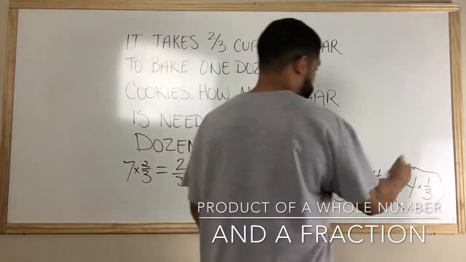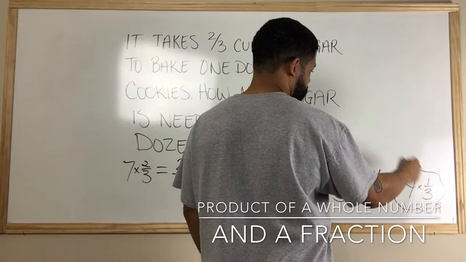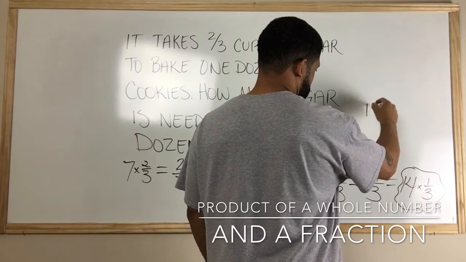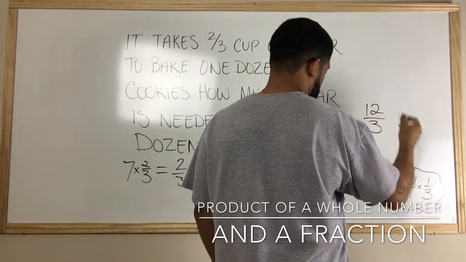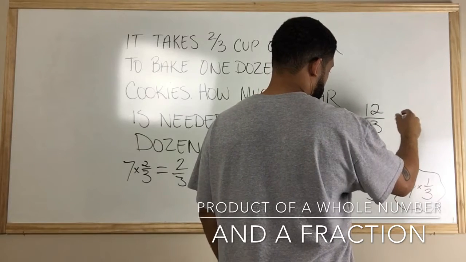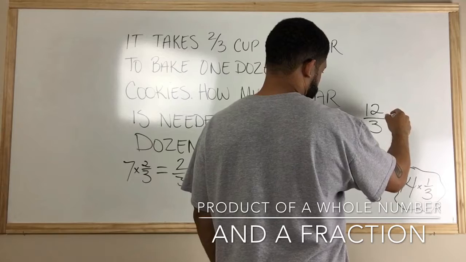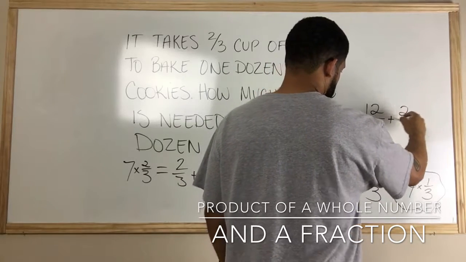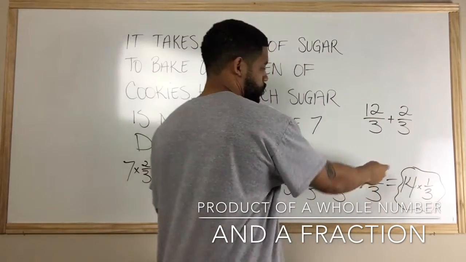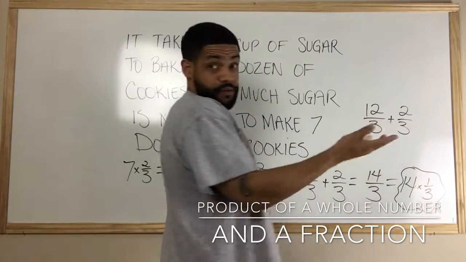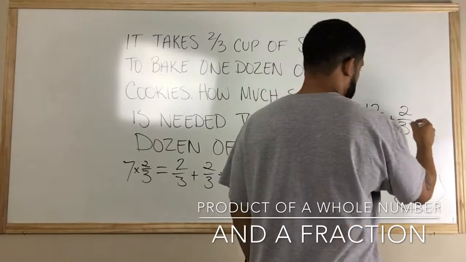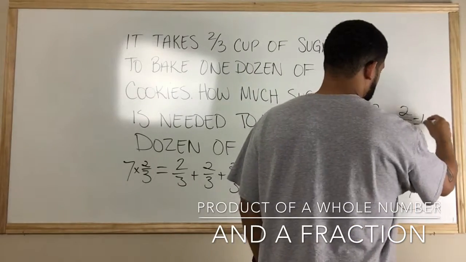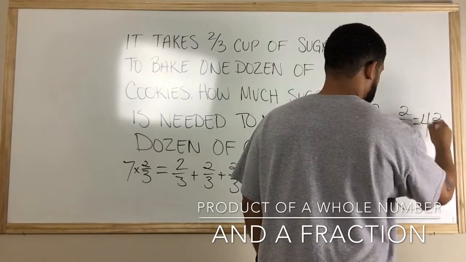So if we take 12/3 plus 2/3, that is 14/3. All right, so 12/3 is equal to 4, and then 2/3.